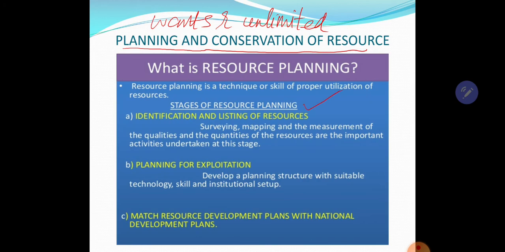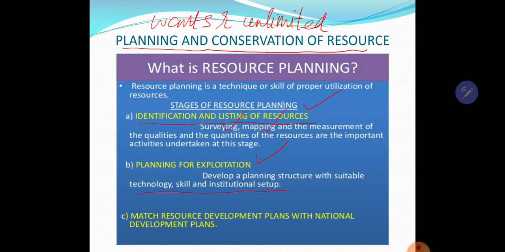Now, there are different stages given. First of all, you have to identify and list the resources. That includes surveying, mapping, measurement of the qualities and quantities of the resource, and then you decide proper exploitation of that resource. Develop a planning structure with suitable technology, skill, and institutional setup.